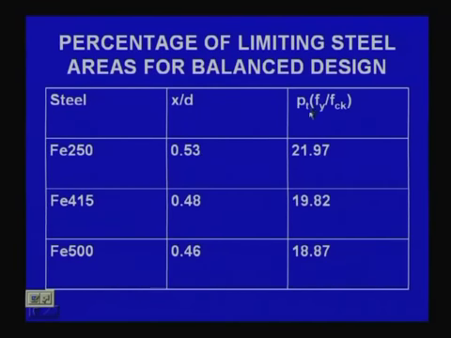Instead of percentage of steel, we have written PT Fy by FCK, which is equal to 21.974. From there we can find the corresponding value of PT. Similarly for Fe415 also we can find out, and similarly for other grades also. Okay. So, we shall conclude this particular class here, and we shall continue in the next.